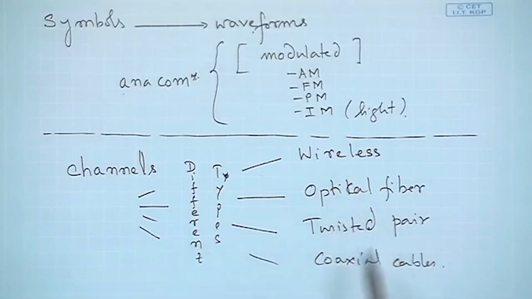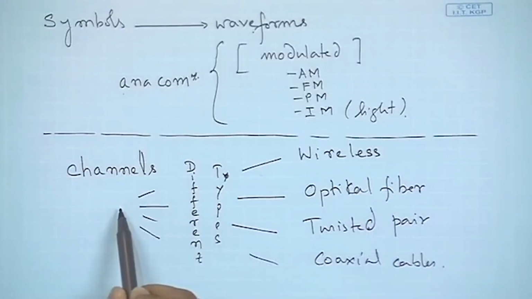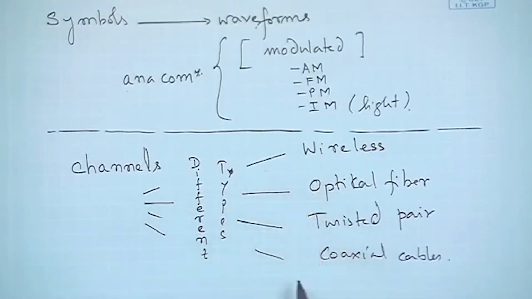When you go to twisted pair, instead of sending electromagnetic waves, you can directly send electrical signals, in the form of voltage across these twisted pairs, and you can communicate a sequence of zeros and ones to the other side. If it's coaxial cables, again you modulate the waveform and you send it across through these waveguides. So these act as waveguides. So what we are trying to say is that the same symbols could be used and sent across different channels.